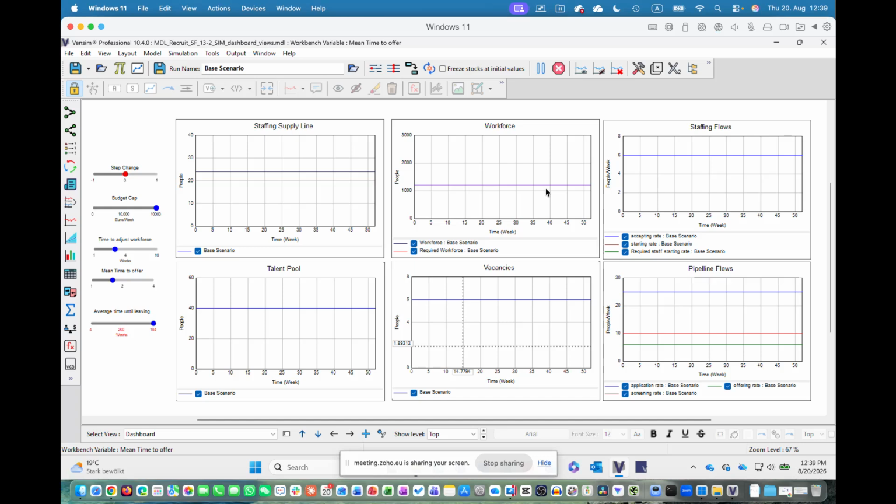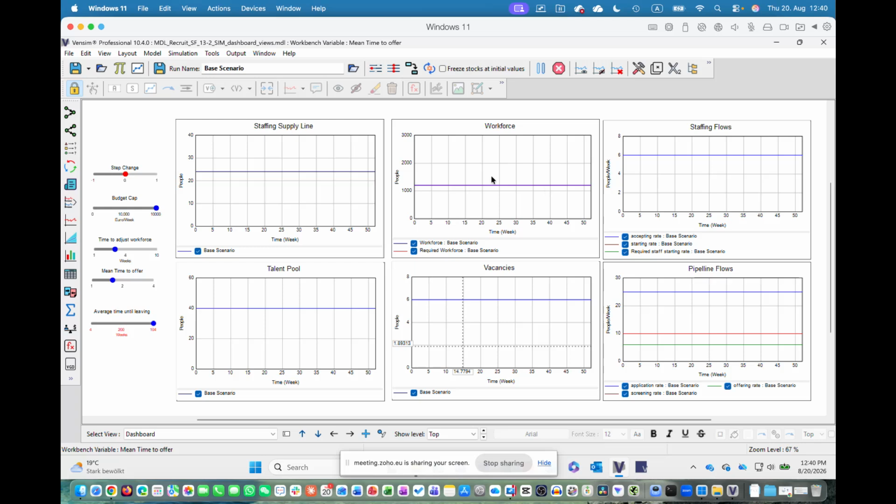Now we know that equilibrium really doesn't exist in the real world because everything is changing all the time. But if we can isolate the feedback structure, the stock and flow structure, then we can kick this model into equilibrium, and that helps us to better understand what happens if we trigger it with a certain impact or a shock impulse, which we will do in a few moments here.